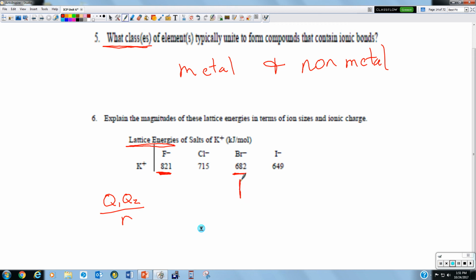Bromine. Why does bromine have a larger radius than fluorine? It's further down the periodic table. It's further down in the group.